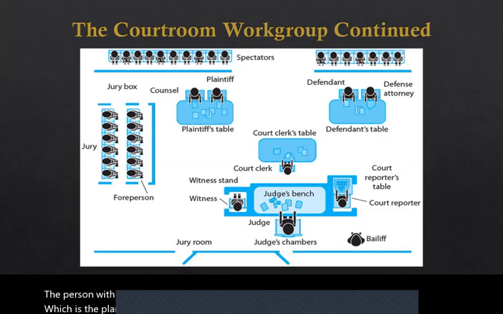The defendant sits on the other side of the room. The court clerk is in the middle. Usually elevated is the judge in the middle. To the judge's left-hand side, there's a witness stand. To the judge's right-hand side, we usually have a court reporter. And then standing right beside the judge will be a bailiff. And they kind of act as the intermediary, right?